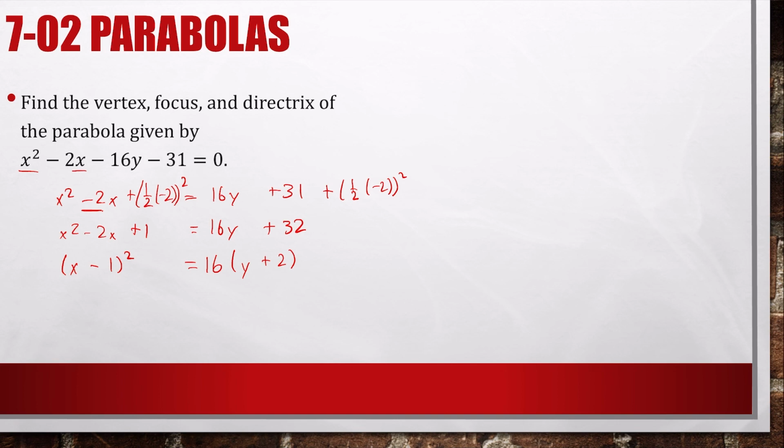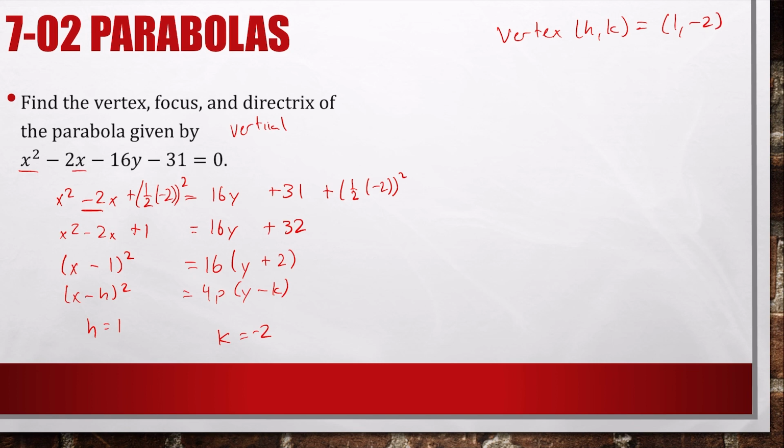So if we compare this to (x minus h) squared equals 4p times (y minus k), we can see, since it's x squared, we already knew this, that it was vertical. And h is 1 and k is -2. Therefore, the vertex, which was (h, k), is (1, -2).